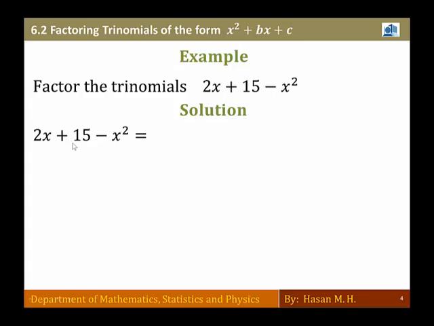So 2x plus 15 minus x squared equals negative x squared plus 2x plus 15. Now factor out the negative sign. This will equal negative times open parentheses x squared minus 2x minus 15 close parentheses.